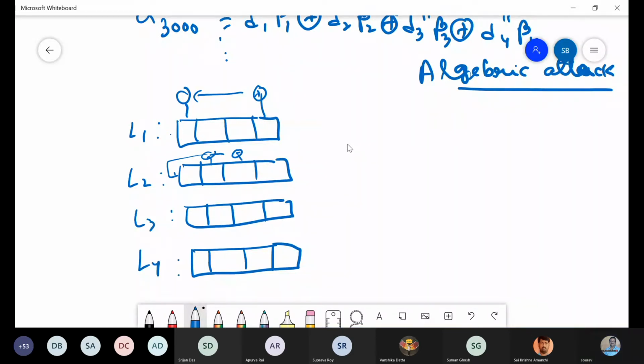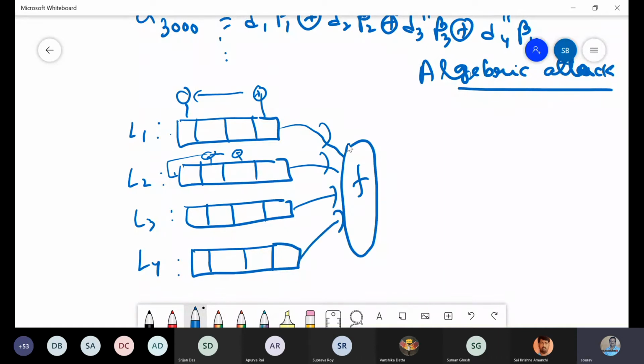Then we take their outputs over a nonlinear function f, whose inputs are z1, z2, z3, z4. Even 2 would also be fine, it doesn't matter.